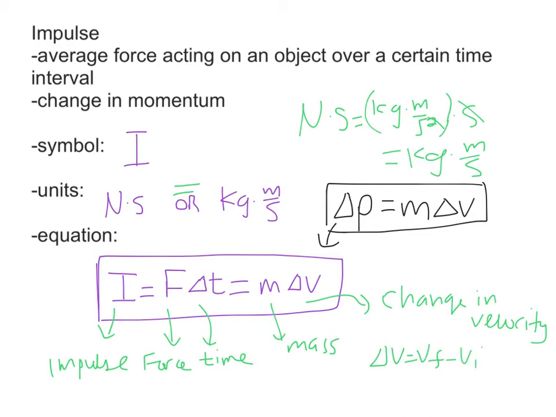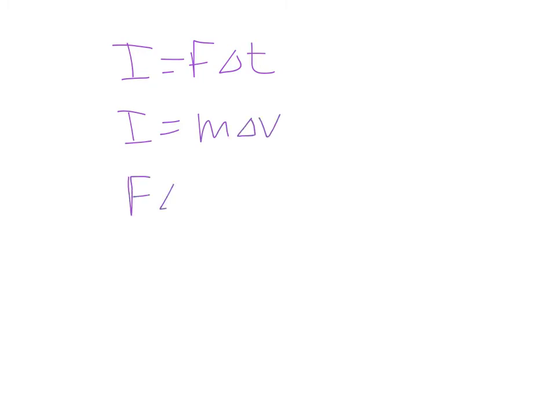So impulse equals F delta t, which also equals m delta v. Write this out. From that equality, you can say I equals F delta t, I equals m delta v, or F delta t equals m delta v.